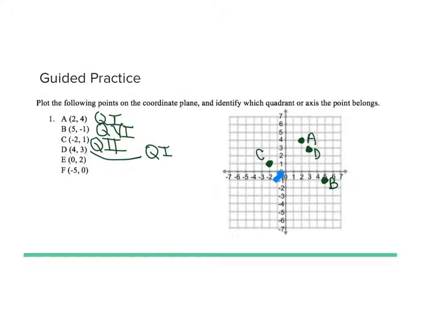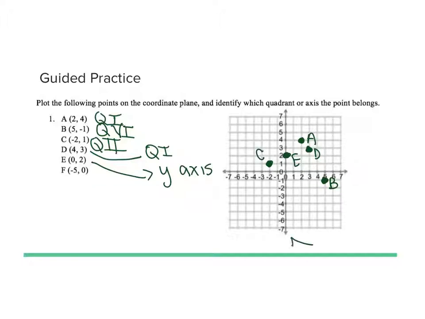E, 0, 2. So we're not moving left or right, we're just moving up 2. This is point E. And this is not in any quadrant. This is on the y-axis.